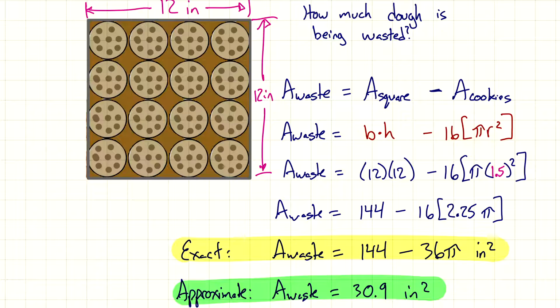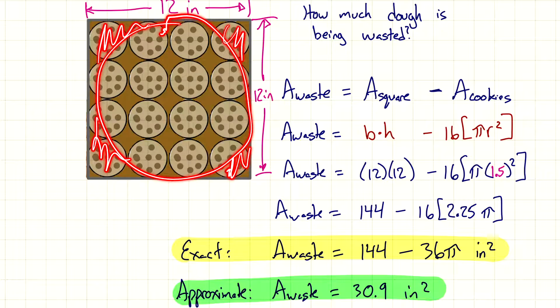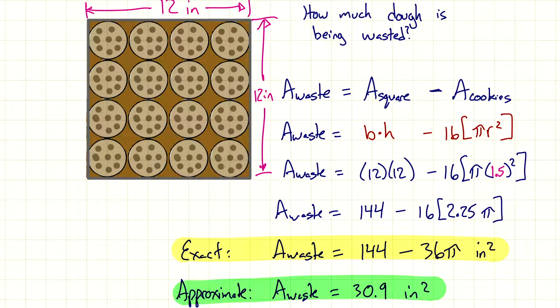So I'm interested in knowing what you think will happen. Should we do one big cookie? And will this space be smaller on the outside? Or should we do tiny cookies? Tiny cookies and the space in between, is that going to be smaller? All right, I'm curious to know what you think. Let me know.